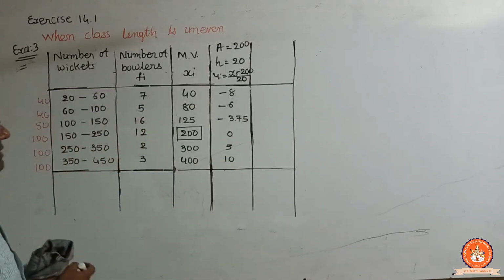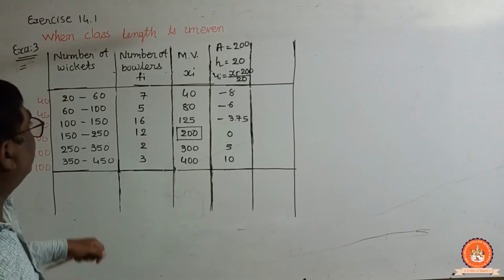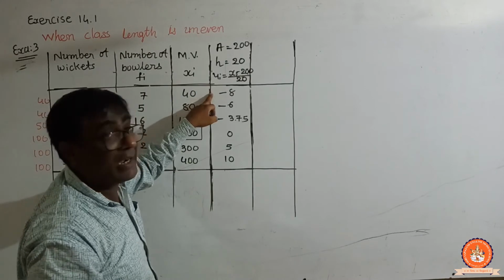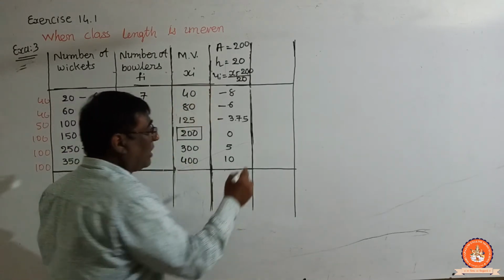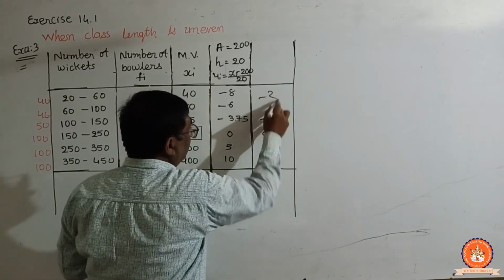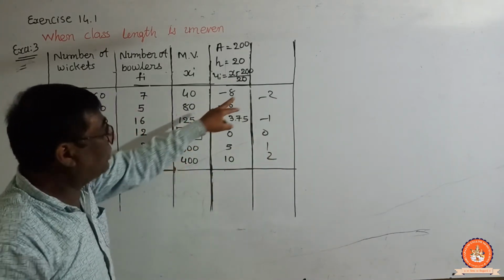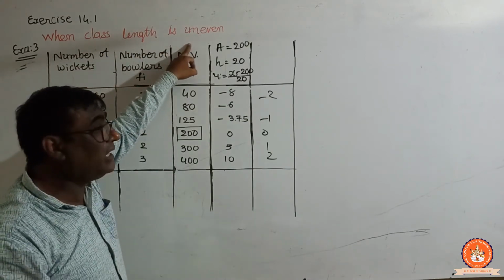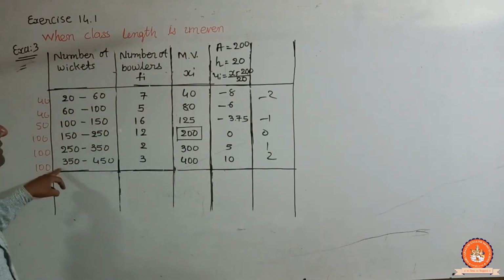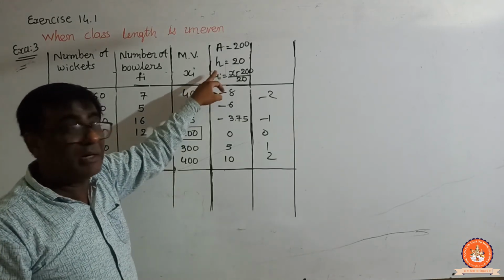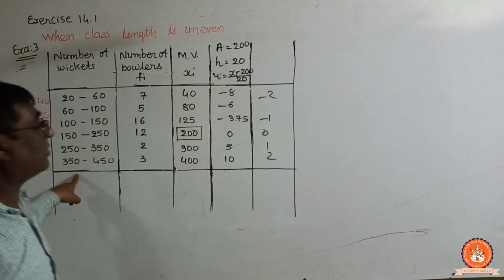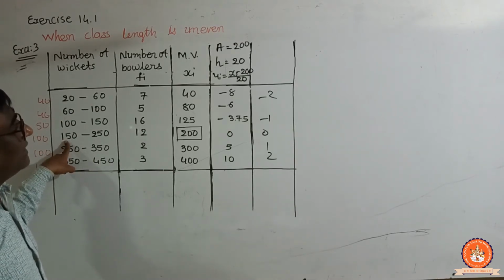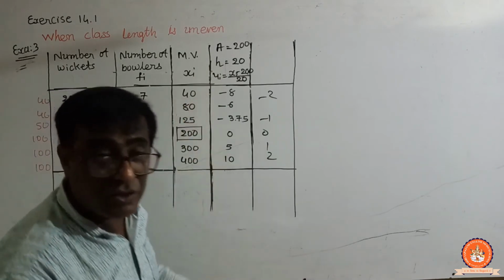Now you can remark that the class length is uneven, that is why we don't get the usual pattern here. Otherwise we would have gotten 0, -1, -2, 1 and 2 in the ui column, but it is not so, because the class length is uneven. Because the class length is uneven, we cannot take any particular class length as h. So that is why you will get this type of column of u.